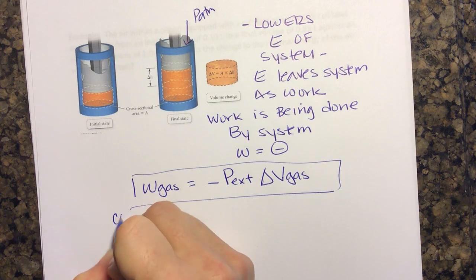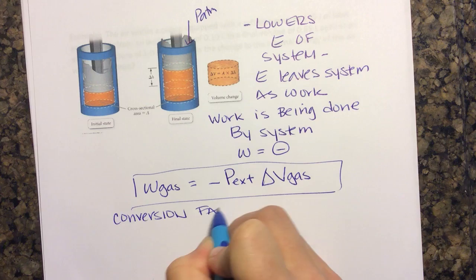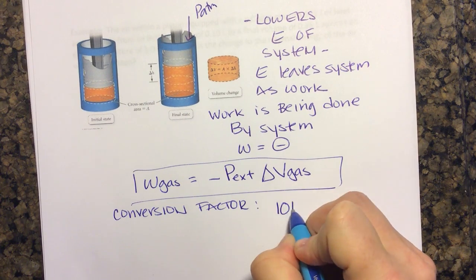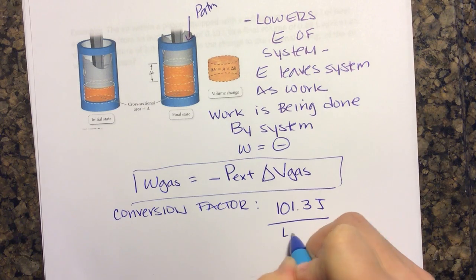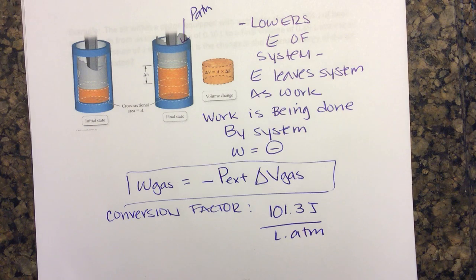The conversion factor is 101.3 joules per liter atmosphere. We'll need these for the next couple of examples.